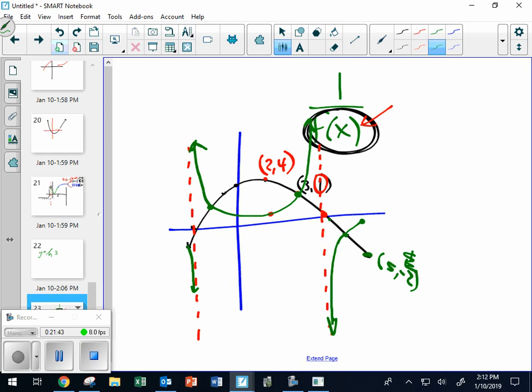Yes, I got an arrow on it. Do you mean in here? Where? Here? Okay. That would stop because the way I have mine graphed, there's a dot here.